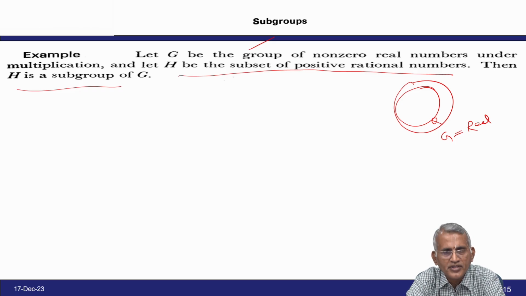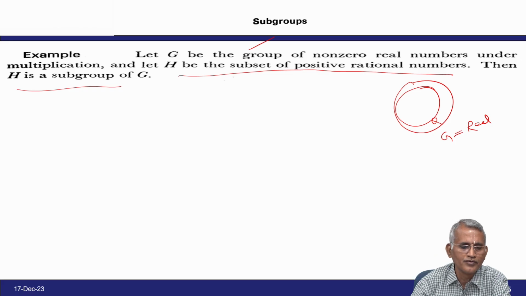Obviously, H is a subset, it has positive elements, it has inverses, and it has the closure property. Therefore, H is a subgroup of G.